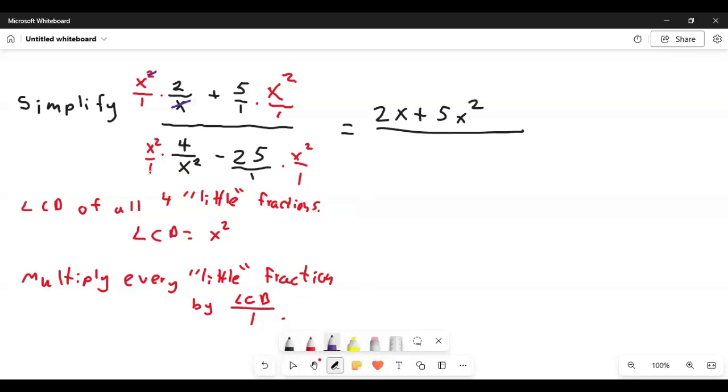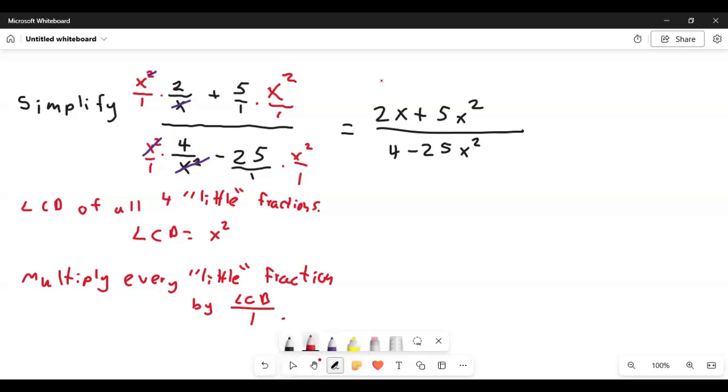Looking at the first multiplication on the bottom of the big fraction, the x squareds will cancel, and you're left with just 4. 4 minus 25x squared.